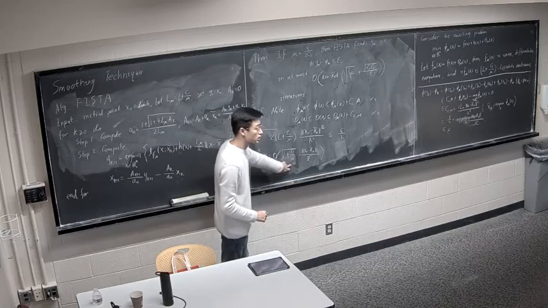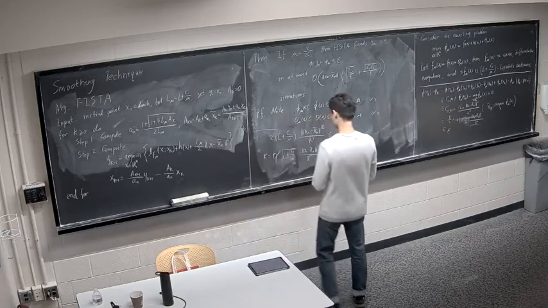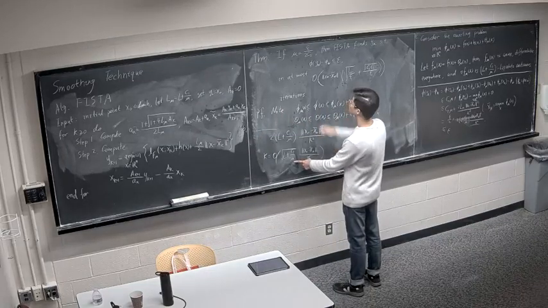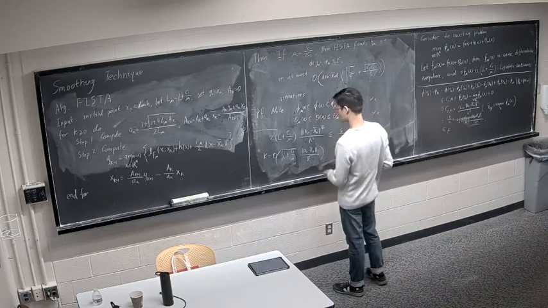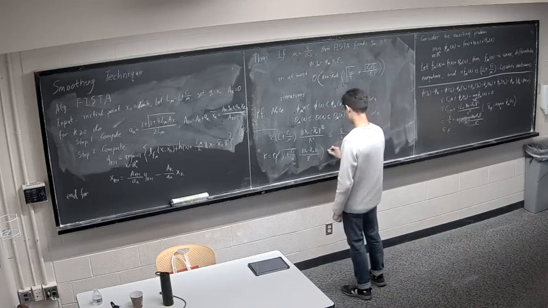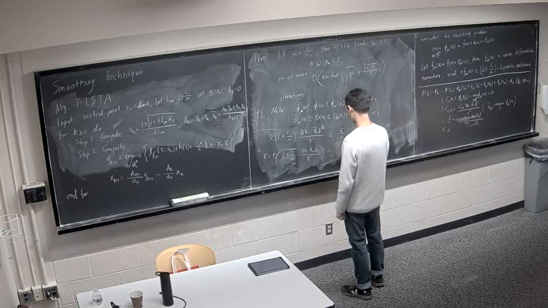K is on this order. Okay, and because we know mu is epsilon over 2 C2, let's plug in the value for mu. Then we have an explicit bound.